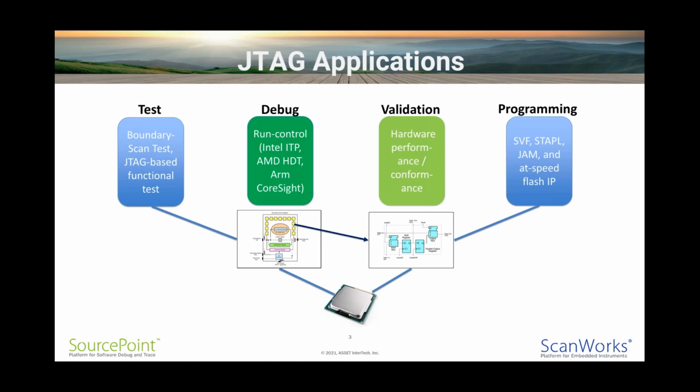So in terms of background, just a quick refresher on JTAG. It's, as you probably know, an over 30-year-old mature technology. The foundation of which is in the bottom of the diagram here, which shows the JTAG finite state machine on the left-hand side.